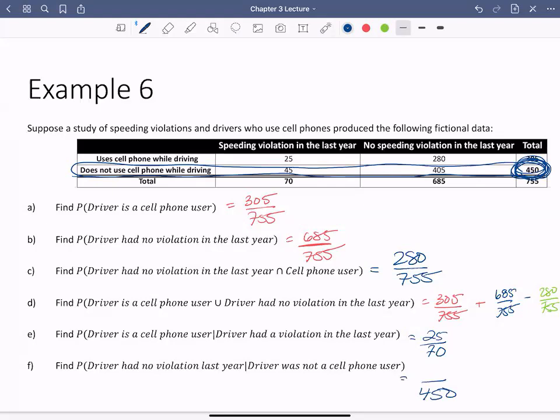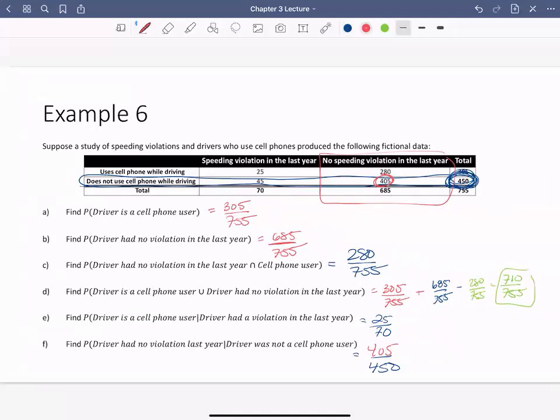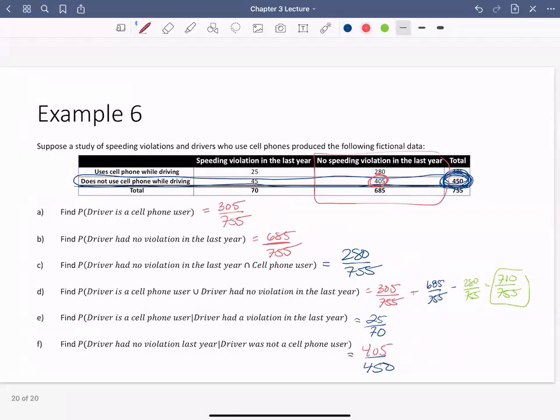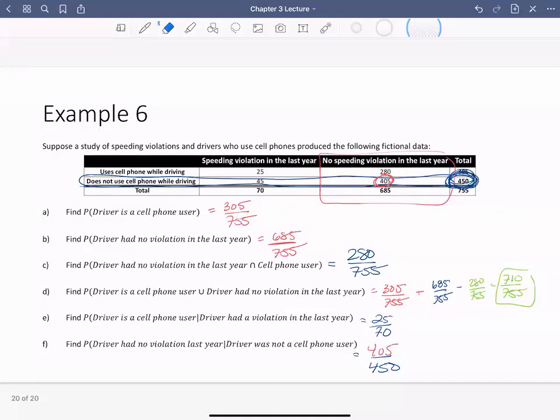So first off, the driver that had no violation, I'm looking at this column, which is this number right there. So 405 over 450. This would be my answer here. Okay. All right, that ends our chapter 3 lecture.